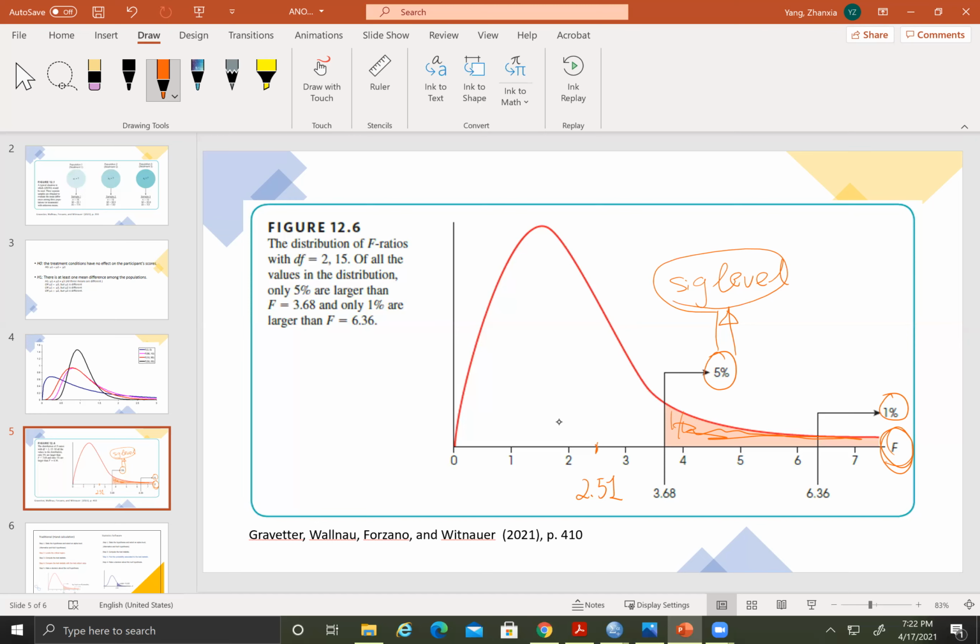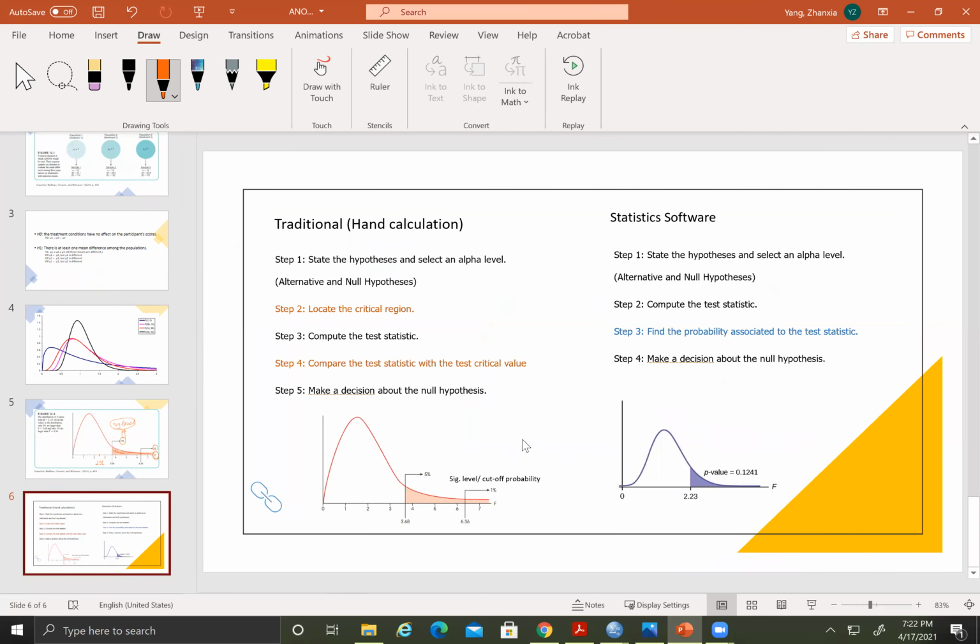Typically, in the next slide, I showed there are 2 ways. The textbook showed you the traditional way, the hand calculation. You need to find the F value from the data, and then you compare it with the critical value associated to the alpha, the significance level chosen. So the textbook introduced you this way: you state the hypothesis and you locate the critical region.